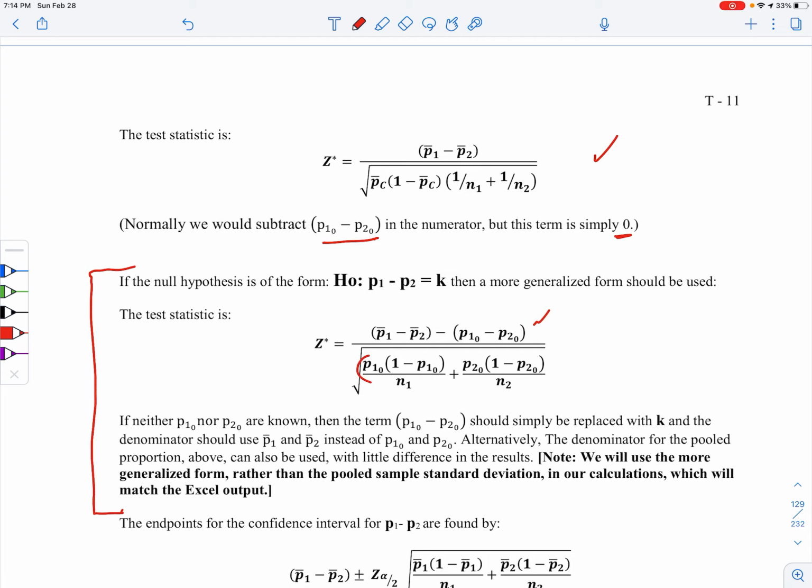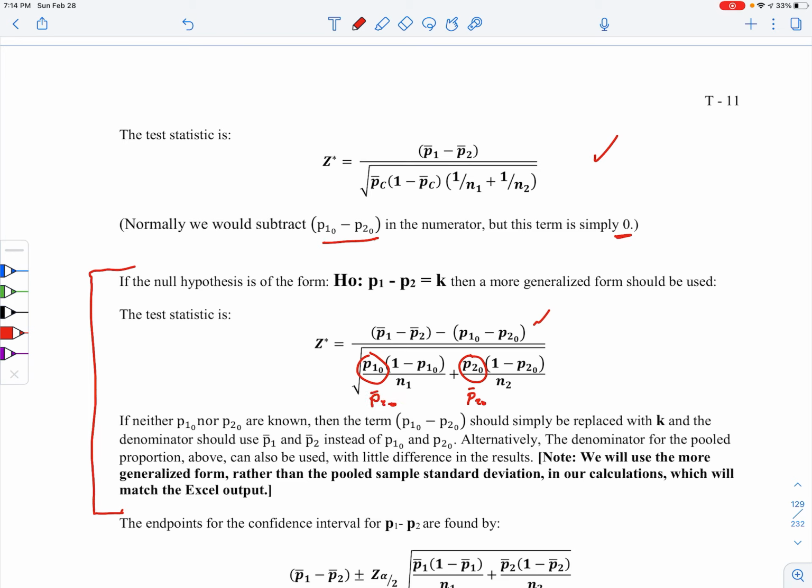And if you, in fact, had a hypothesized value as to what those p1 naught and p2 naughts are, then you would put them in there and use that. However, we don't have that, and so what we would use instead is just the p bars.